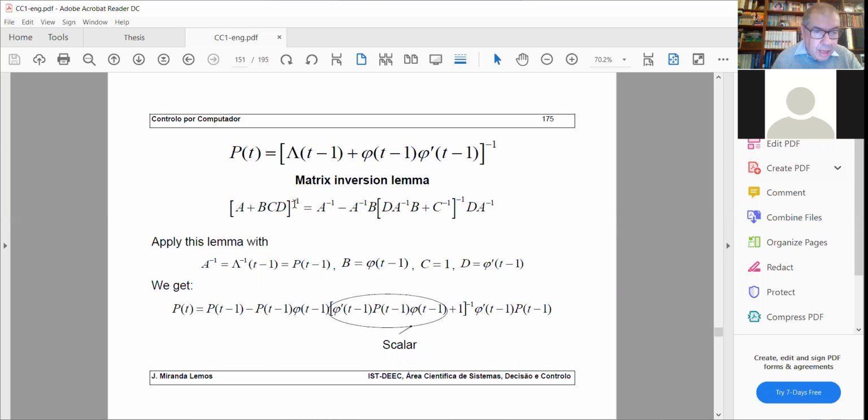Now, provided that the inverse of A exists, you have this expression. Now, how can we prove this expression? It's a question to you. It looks quite complicated, but how do you prove that one matrix is the inverse of another matrix?